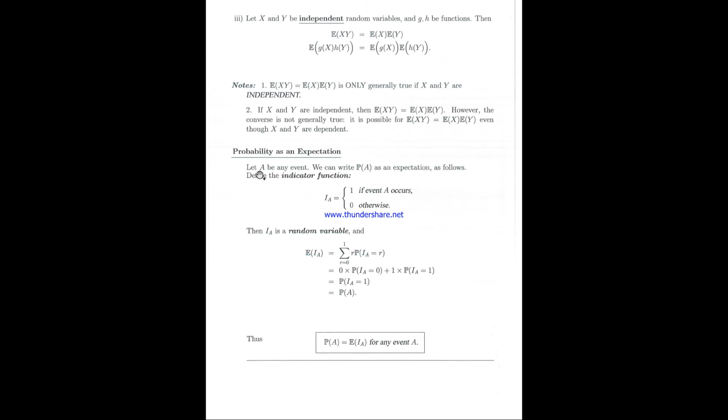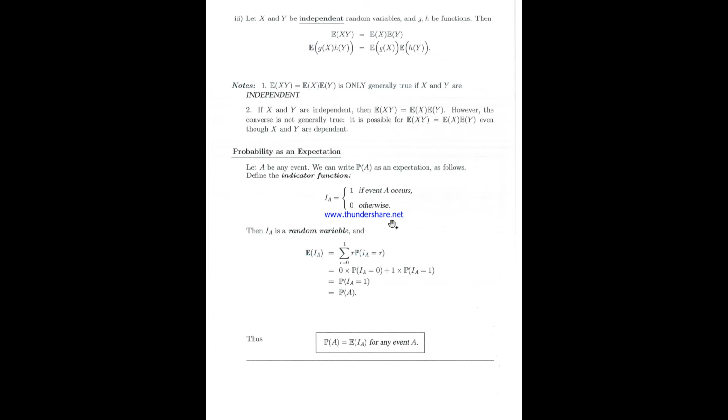Okay, so we'll quickly have a look at this example. If you take A to be any event, we can write P(A) as an expectation. Let's take the indicator function I_A, where I_A is equal to 1 if event A occurs, and I_A is equal to 0 if it does not occur.